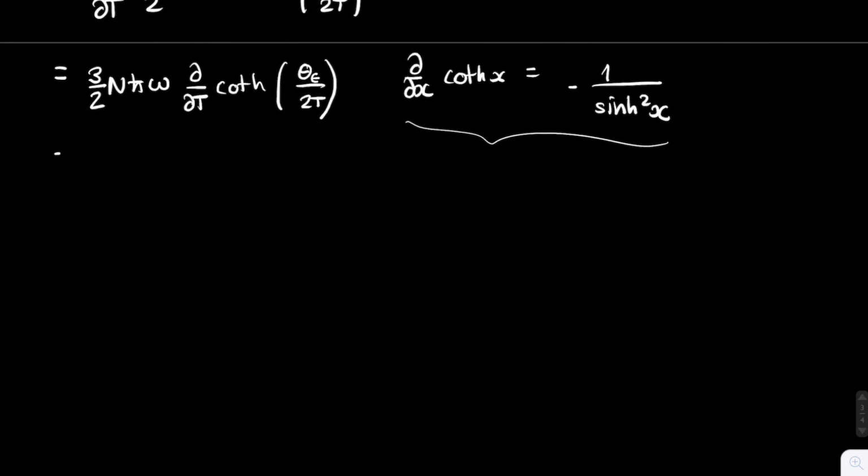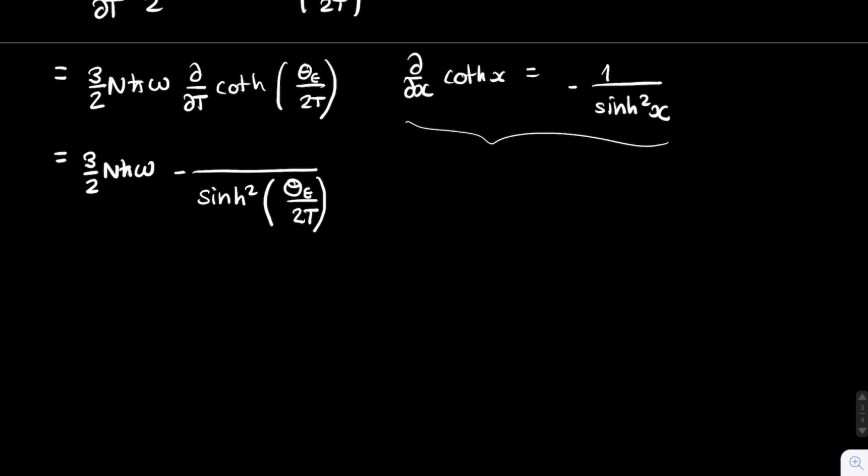And so we can now use the chain rule, much like before, to write the heat capacity. So d/dT of coth gives minus 1 over sinh squared of (θ_E/2T). But we have to remember to multiply by the derivative of whatever is in the bracket.